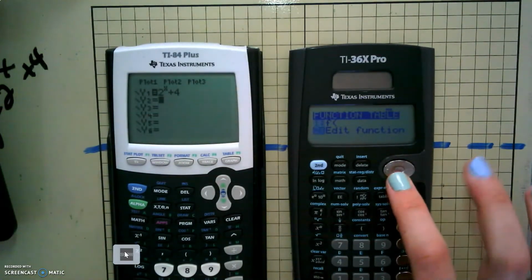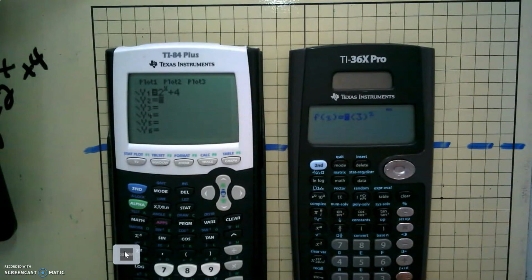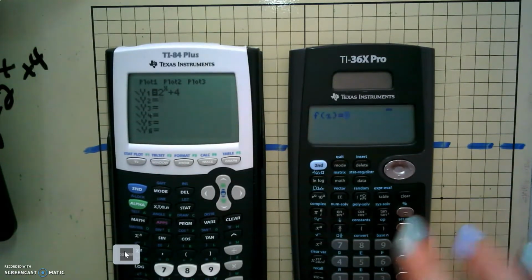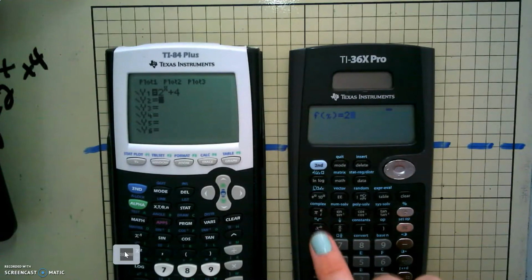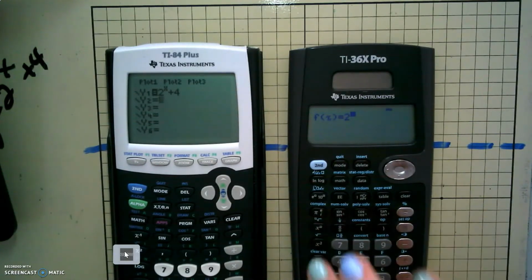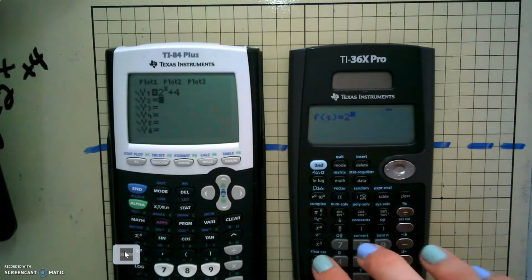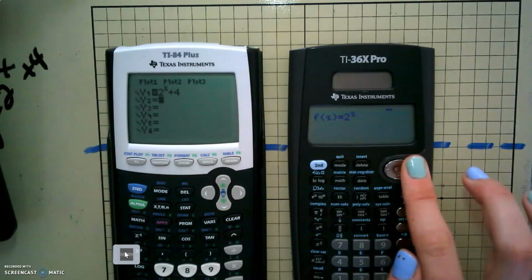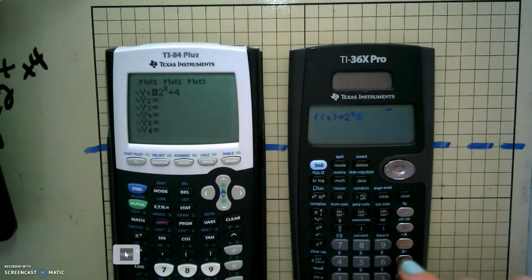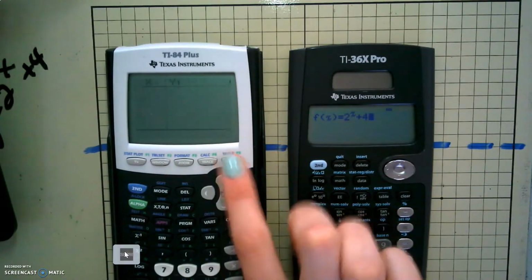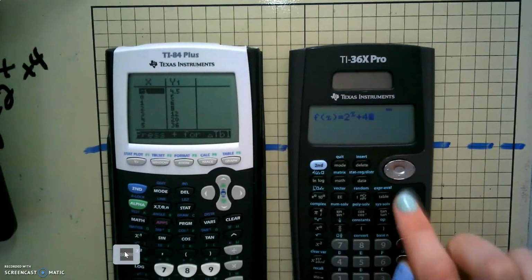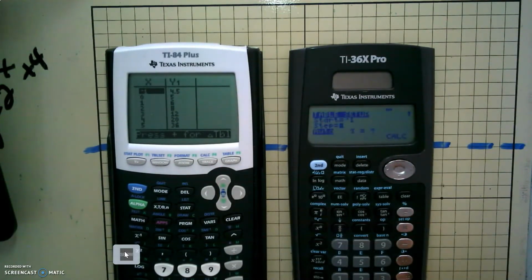Here, remember, you have to edit your function, and you're going to clear it out. 2, X box button there, raised to the x, arrow over, plus 4. I'm going to go to second graph to build my table, and I'm just going to hit enter here to build my table. And they should show up to be the same.